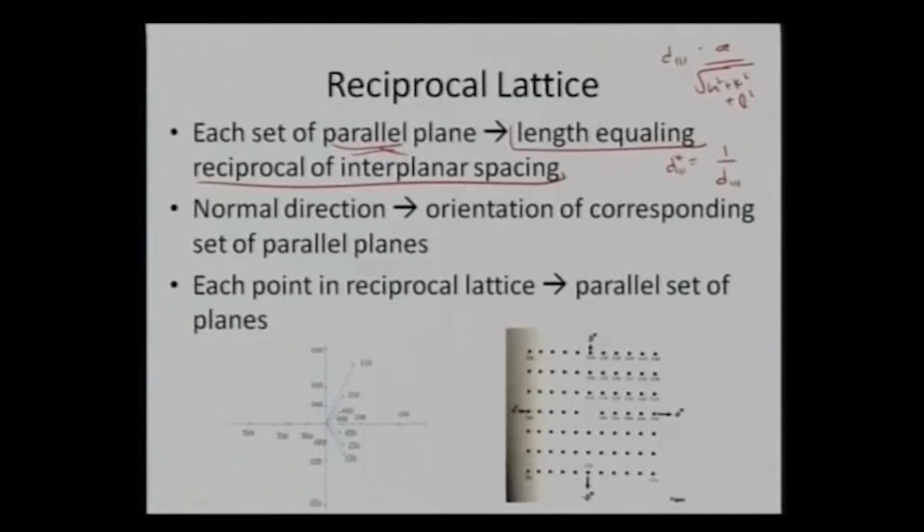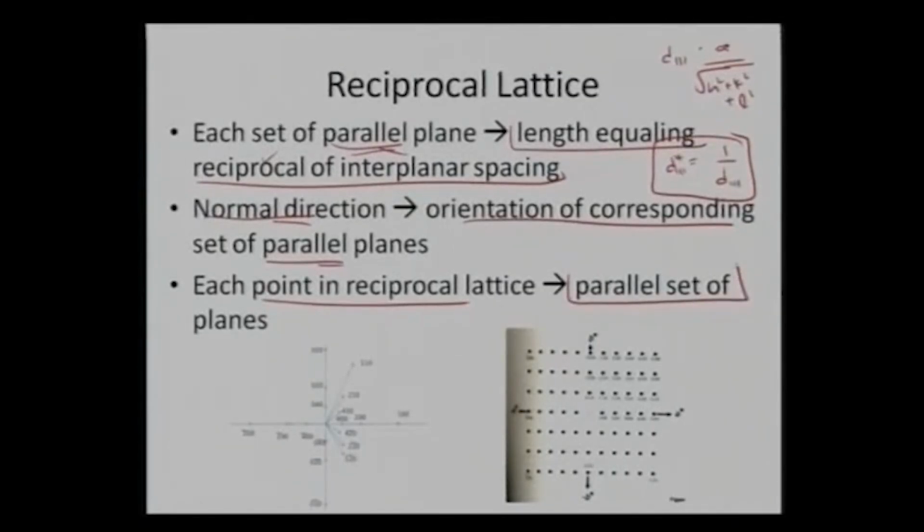So I have this set of parallel planes of 111 which have their length equal to the reciprocal of the interplanar spacing, and the normal direction to this particular plane is the orientation of the corresponding set of parallel planes. So I can define its orientation, and I can also define its magnitude, which is the overall spacing between all those particular planes. Each point which is observed in the reciprocal lattice is nothing but a parallel set of planes.